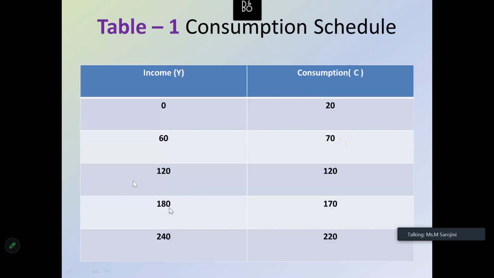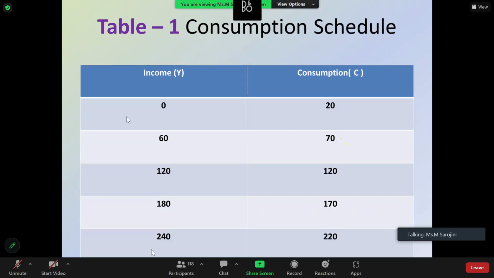Here, 120, 170, 140, here 170 to 120. The difference of the consumption is less than the difference of the income.